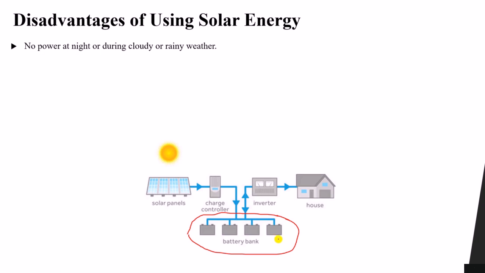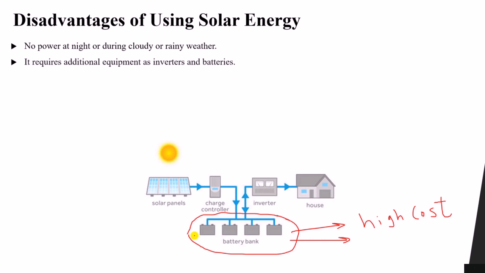However, you have to know that batteries are the most expensive part of the whole PV system. They are the primary cause of the high cost of PV systems in general. So this represents a disadvantage of using solar energy.